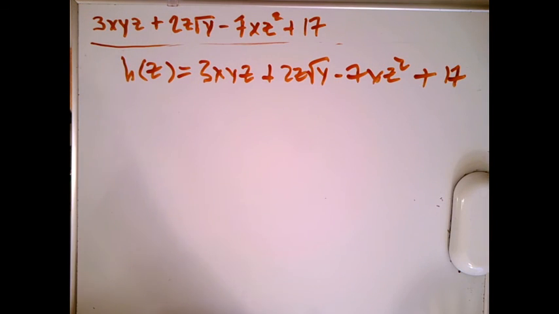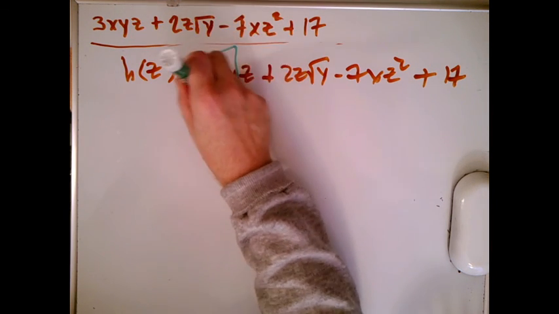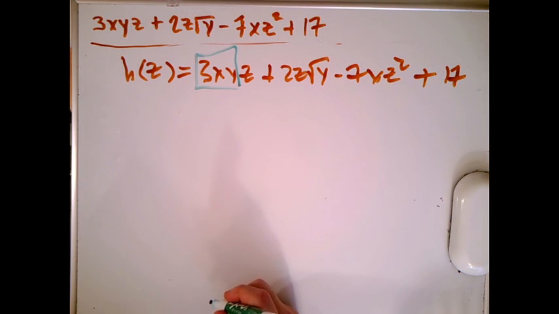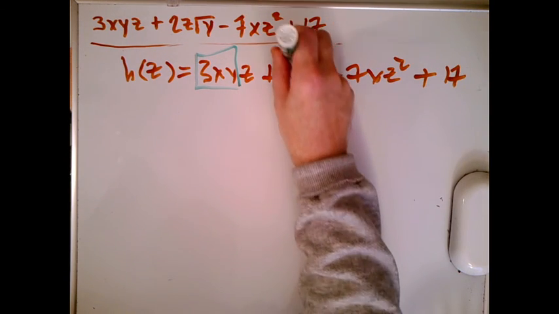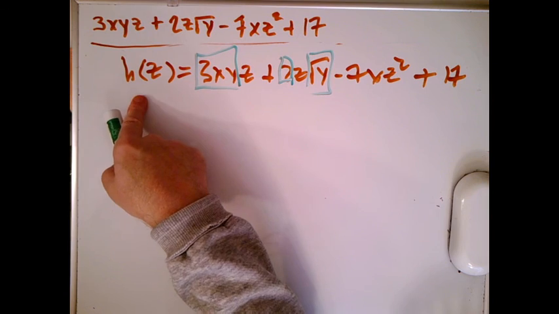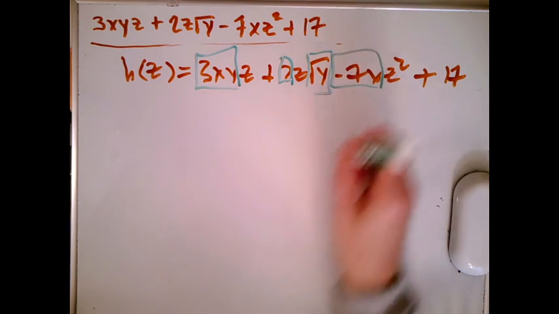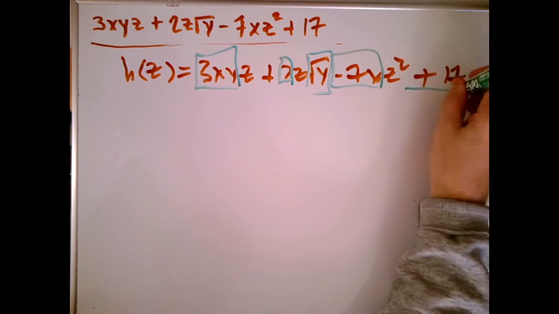Now what we can do as we did before is this. That's now a constant because it doesn't have a z in it. That was a constant. This is now a constant because when we write this notation, z is the only thing that can vary. This, of course, is a constant.